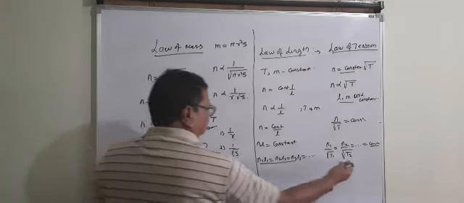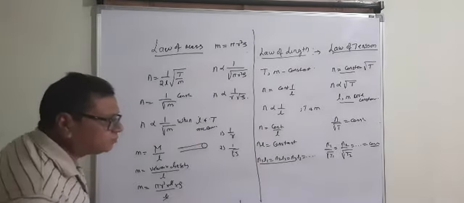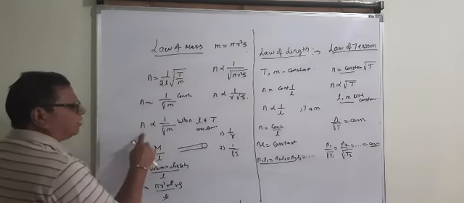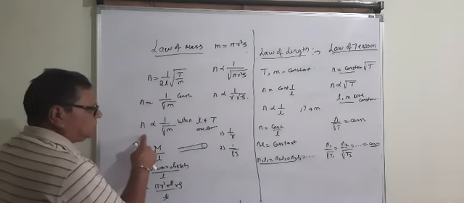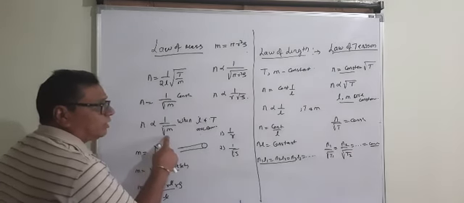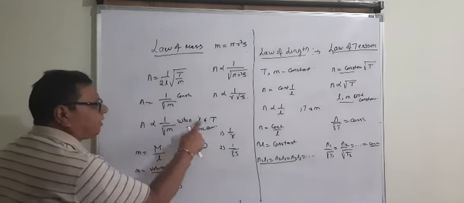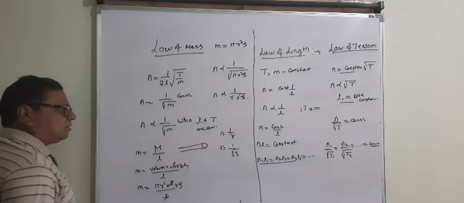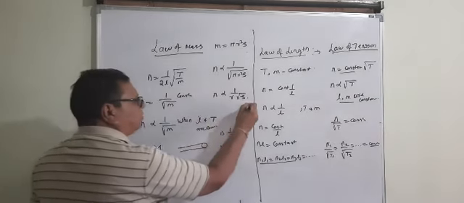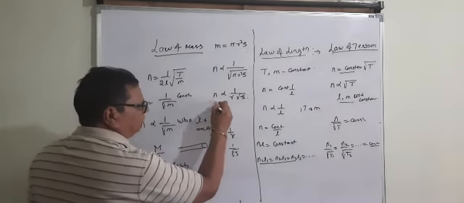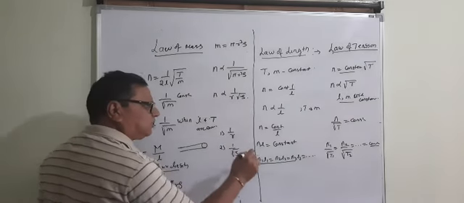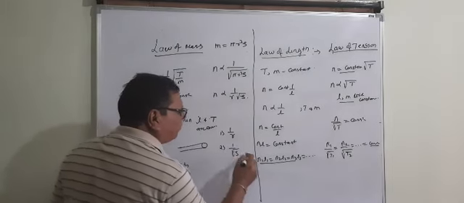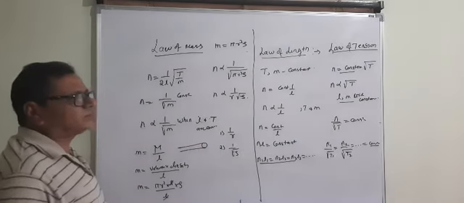These formulas are for solving numerical problems. Law of mass: the fundamental frequency is inversely proportional to the square root of linear density m when length and tension are kept constant. If we solve for density and radius of the wire, we arrive at the law this way: the fundamental frequency is inversely proportional to the radius of the wire, and inversely proportional to the square root of density of the wire.